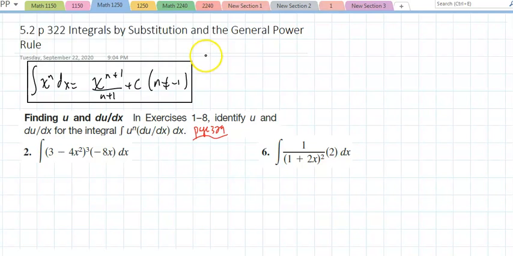Now what we're going to do is look at an integral where I'm doing the chain rule.